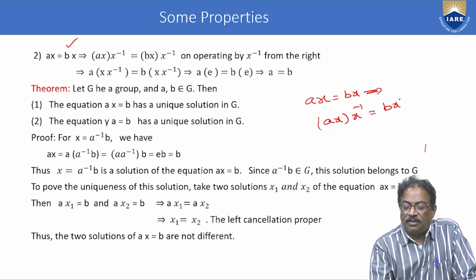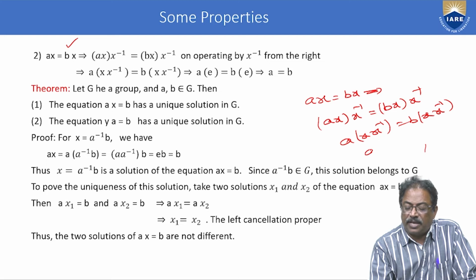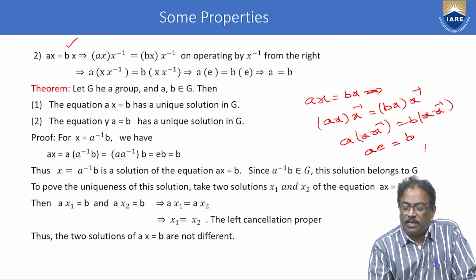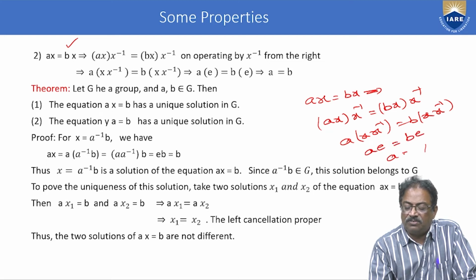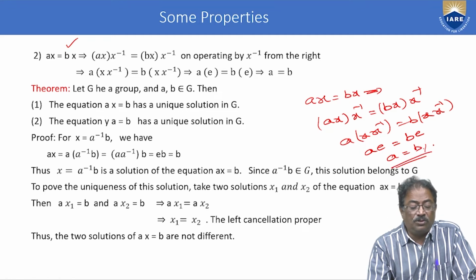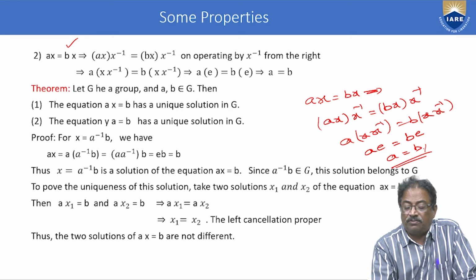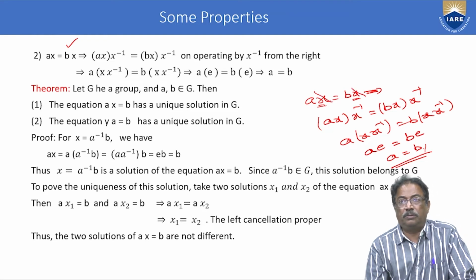So AX is equal to BX, which implies that we post-multiply with X inverse: A X X inverse is equal to B X X inverse, which is AE is equal to BE. So A is equal to B. So this is also the right cancellation law. The right cancellation law means whatever common element is there on the right side, we can simplify it.